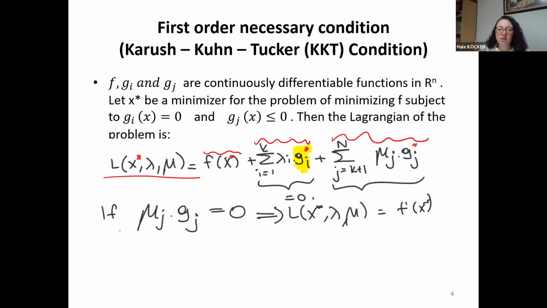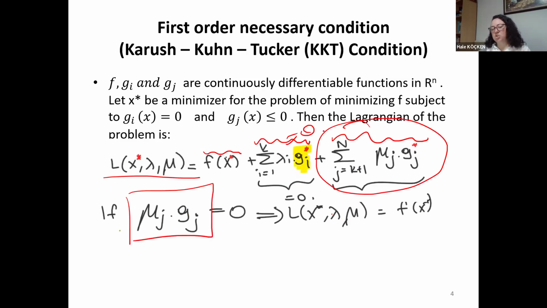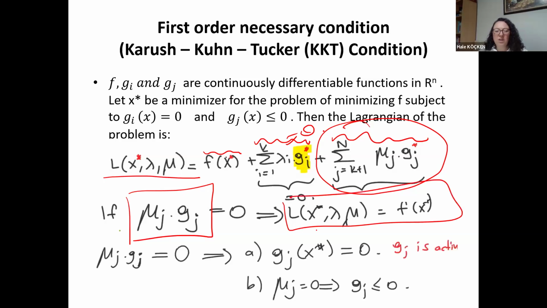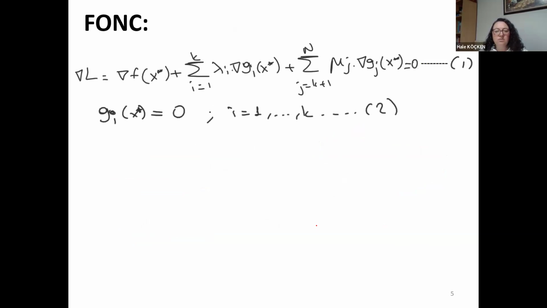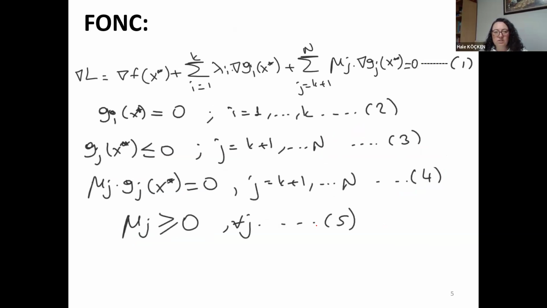These are automatically zero from the equality constraint, and we assume that this part must be zero. So each mu_j times g_j, the Karush-Kuhn-Tucker multipliers times the inequality constraints, must be zero. Then L behaves similarly, so we can use L to find the extremizers of the function f. This was the first order necessary condition.